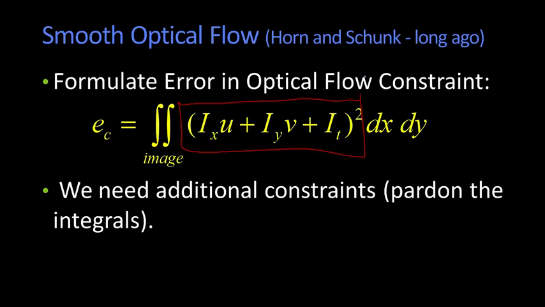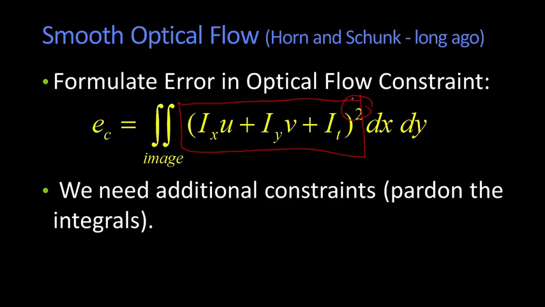That middle term is supposed to be 0: I_x u + I_y v + I_t = 0. Violations mean it's not 0, sometimes positive, sometimes negative, so I square it and sum it up over the whole image. That is how bad my flow is with respect to the constraint equation.